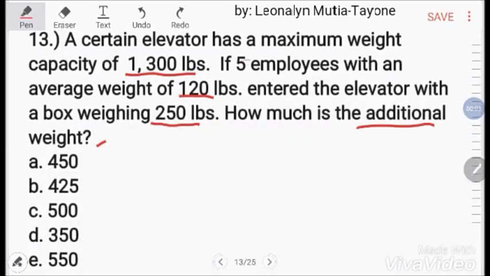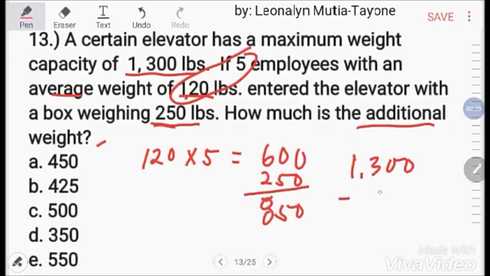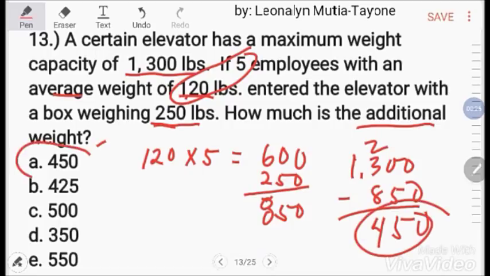Anyway, let's solve this. Average weight, 120, 5 empleyado, and that is 120 times 5, so 600, plus 250 na box, that is 850. So, 1,300 minus 850, so the answer is 450.